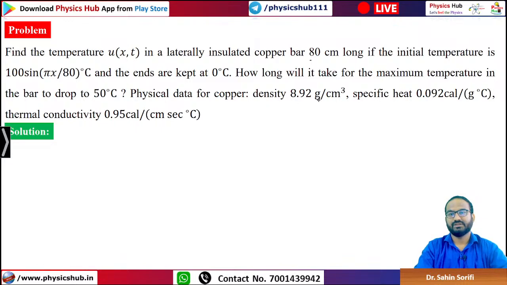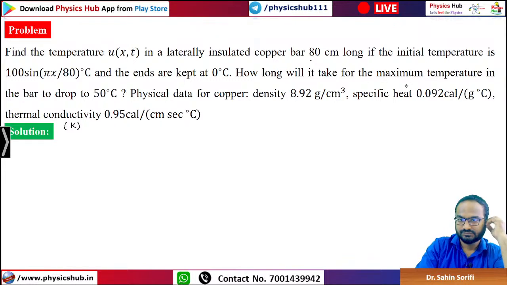Physical data for copper: density, specific heat, thermal conductivity. Thermal conductivity is K, specific heat and density are given.